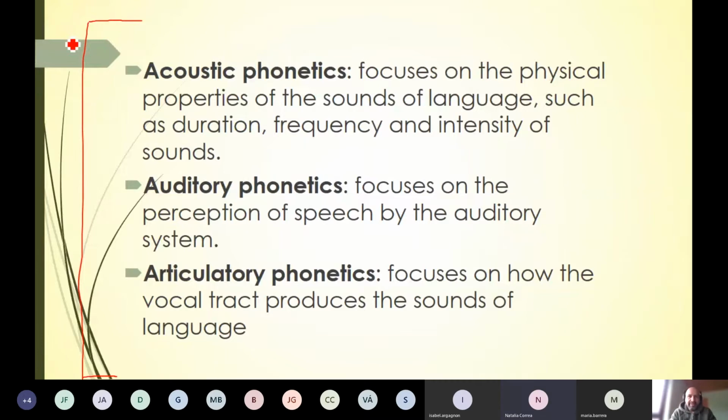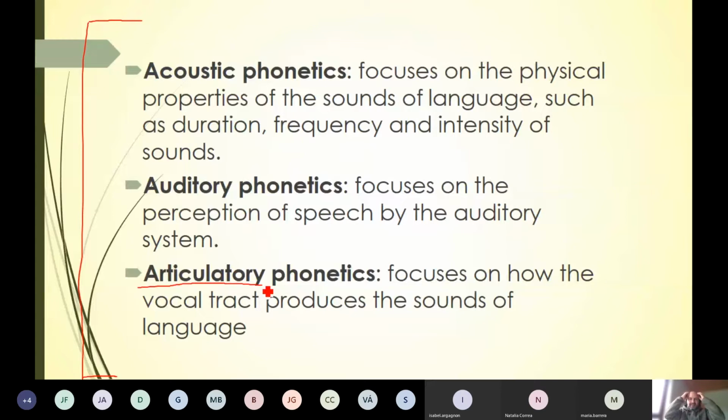So we have three sub-branches here: acoustic phonetics, auditory phonetics, and articulatory phonetics. The last one, articulatory phonetics, focuses on how sounds are articulated.